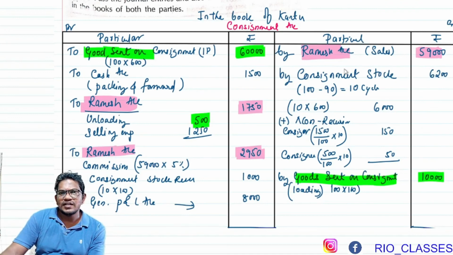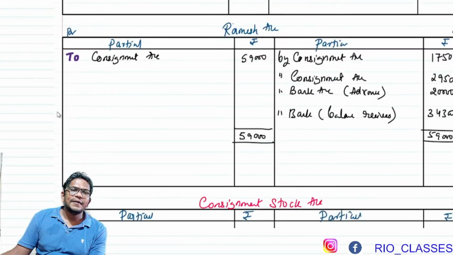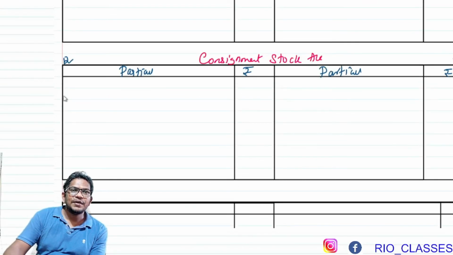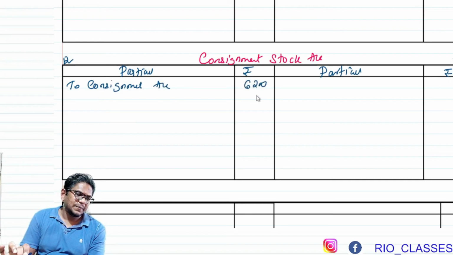You can see this, right? Consignment stock account, how much? 6,200. Debited. We have credited, right? Make a debit here. Very simple. To consignment account 6,200.